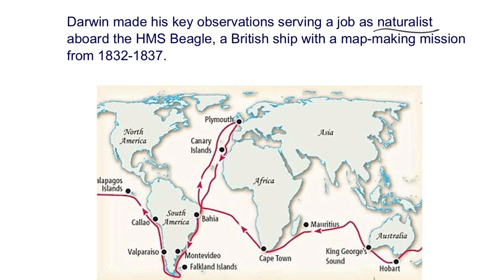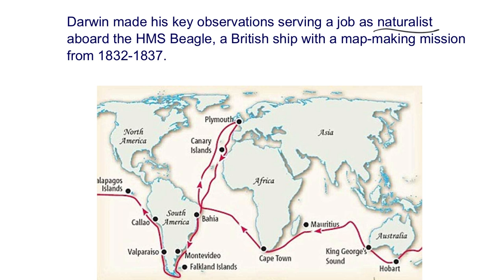So he was paid to observe nature and record what he saw so that England could maybe colonize the places that looked favorable for something that would bring income to England.